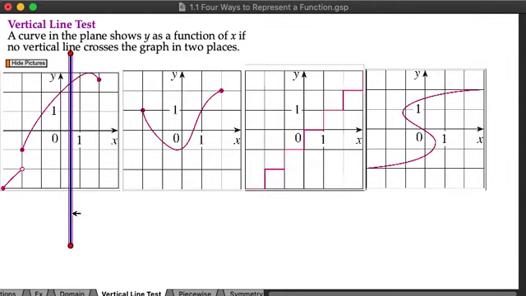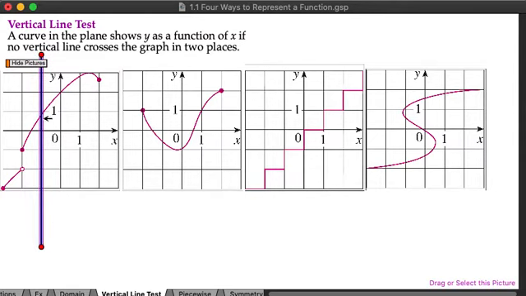Right now on the graph on the left, I'm using the vertical line to represent the x value of, say, 1/2-ish. I'm looking up and down the x value of 1/2 and seeing how many y values I get, and it looks like I'm only getting one y value. If I take another x value, say x equals -1, I look up and down that line and see only one y value output.